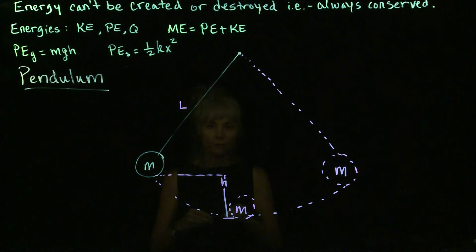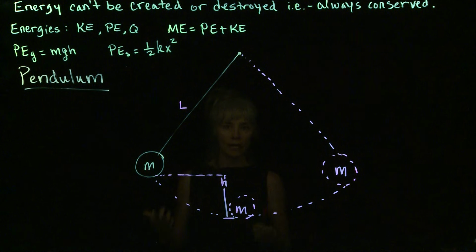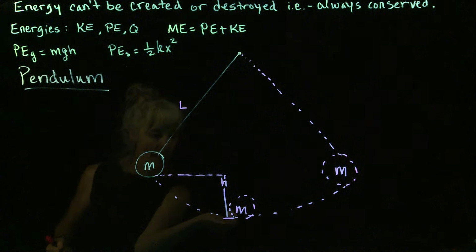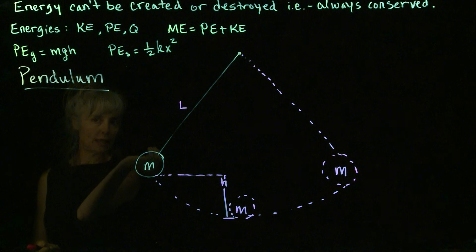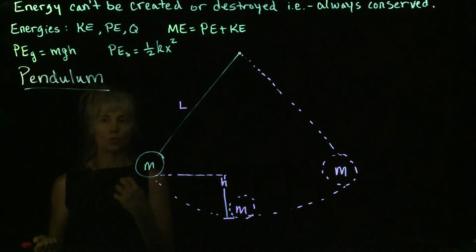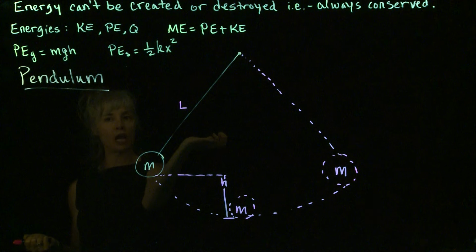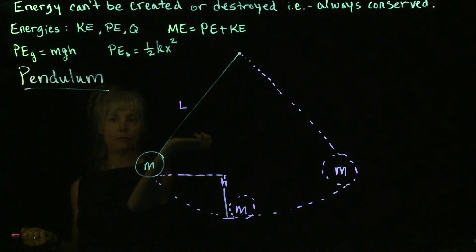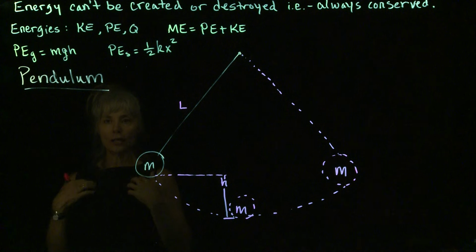So I have provided mechanical energy by doing work. I grab the mass and I displace it vertically in the gravitational field. I exert a force upward and I displace this mass upward, so I do work.